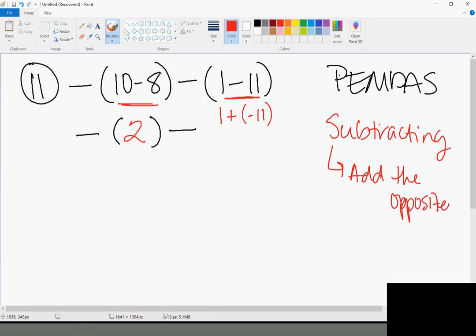Okay? That's what adding the opposite means. So we have different signs here. Positive 1, negative 11. So the answer is going to be a negative because the 11 is bigger than the 1. And the difference between 11 and 1 is 10.